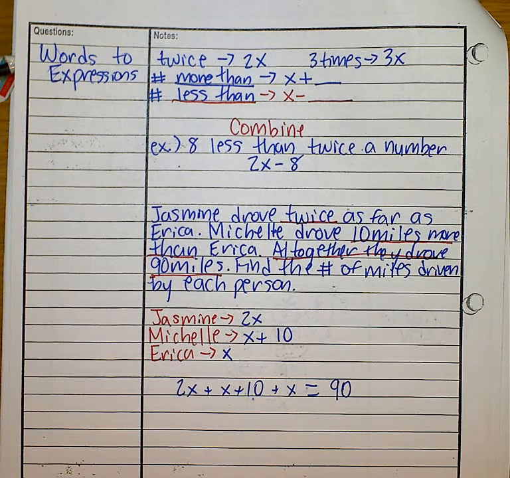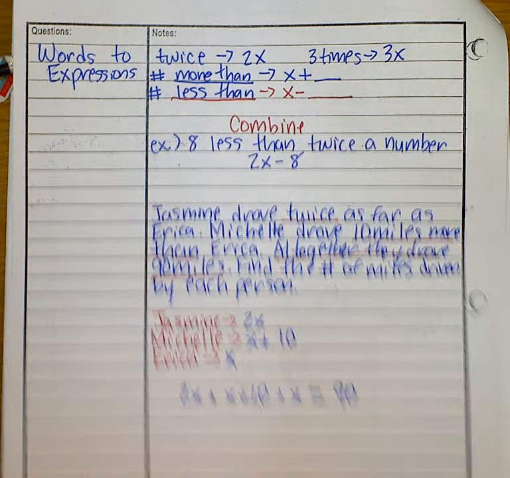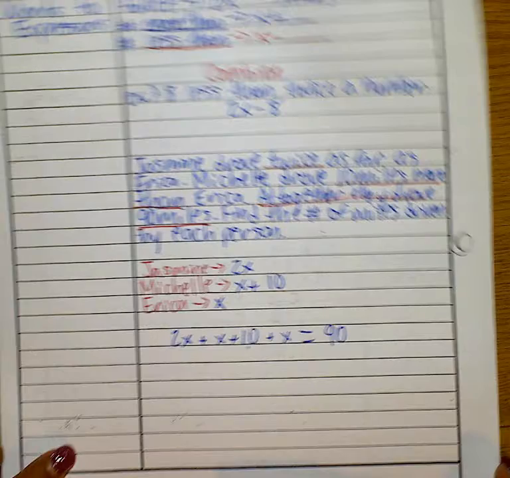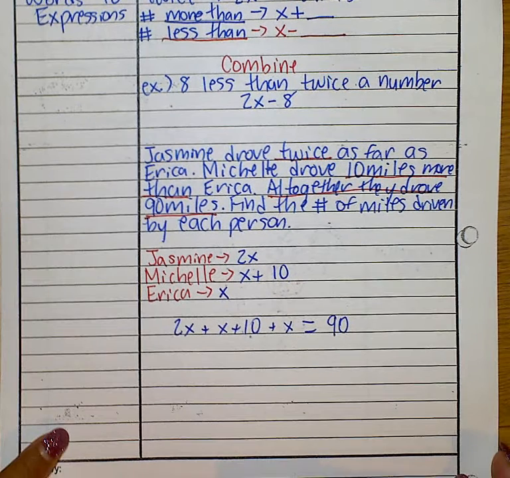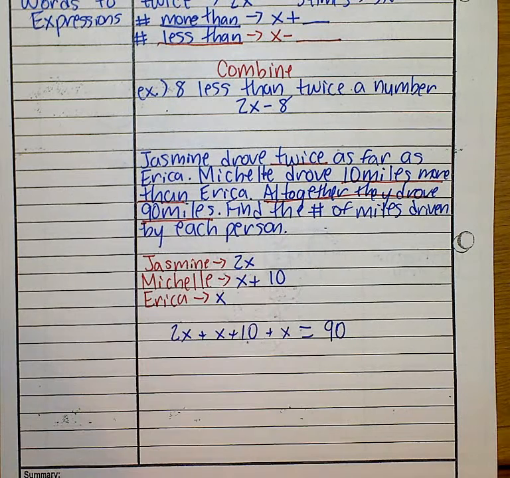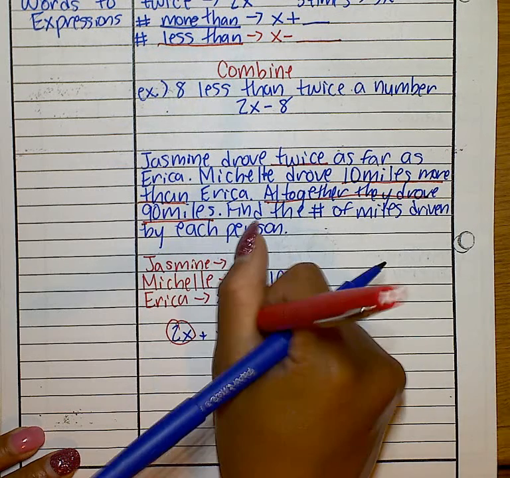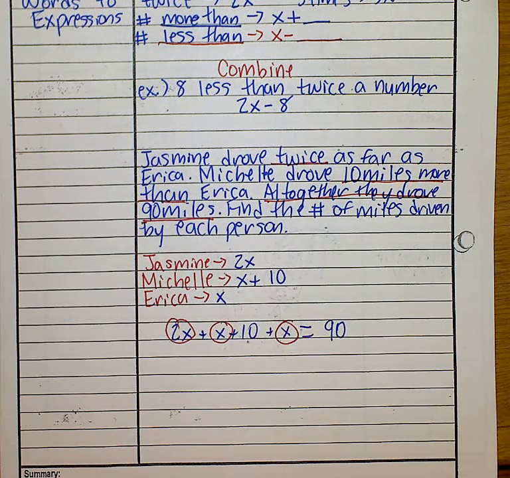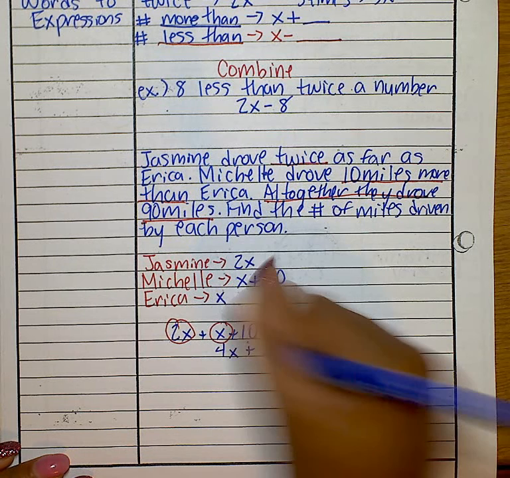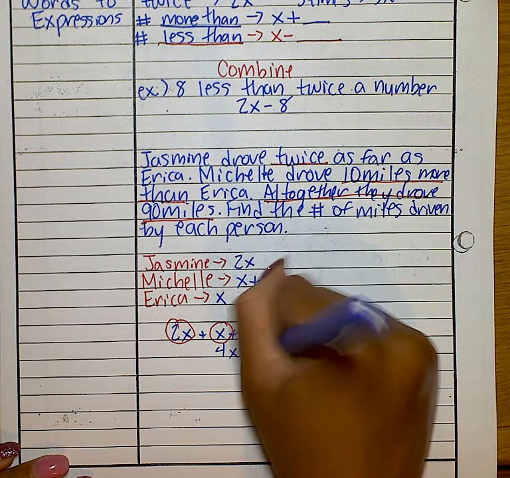Now that I know this is 90 miles, I'm going to solve the equation. This is just like any other equation. My like terms are 2x, x, and x. They can all combine to get you to 4x. Plus, all I'm left with is 10, equal to 90.